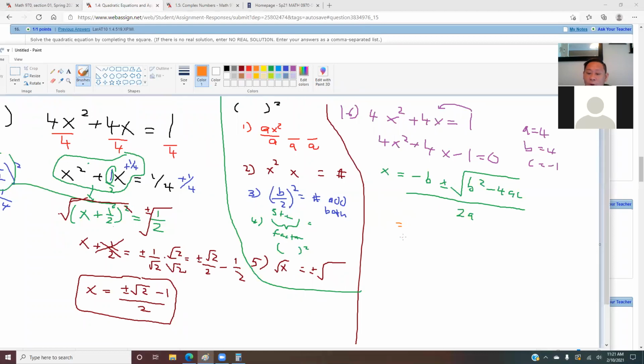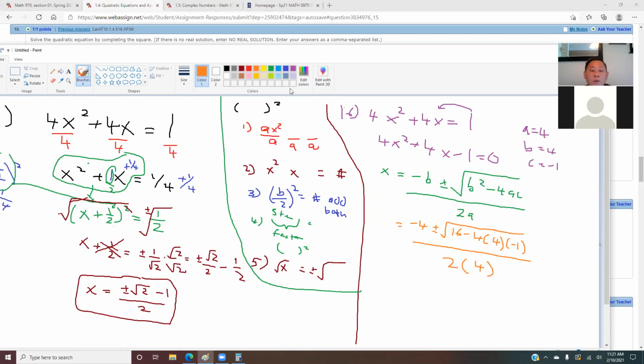So b is 4, so -4, plus minus the square root of b squared, you square the 4, so it's 16, minus 4 times a, which is 4, and c in this case is -1, all over 2 times 4.